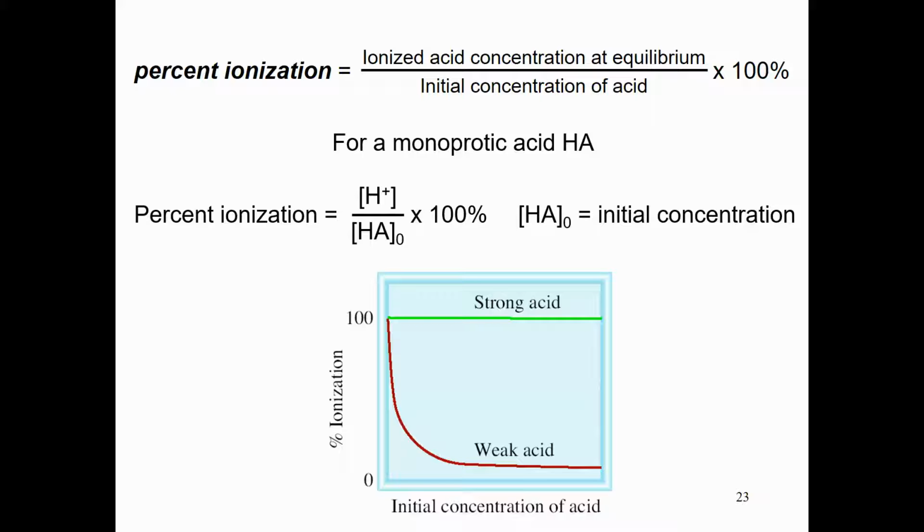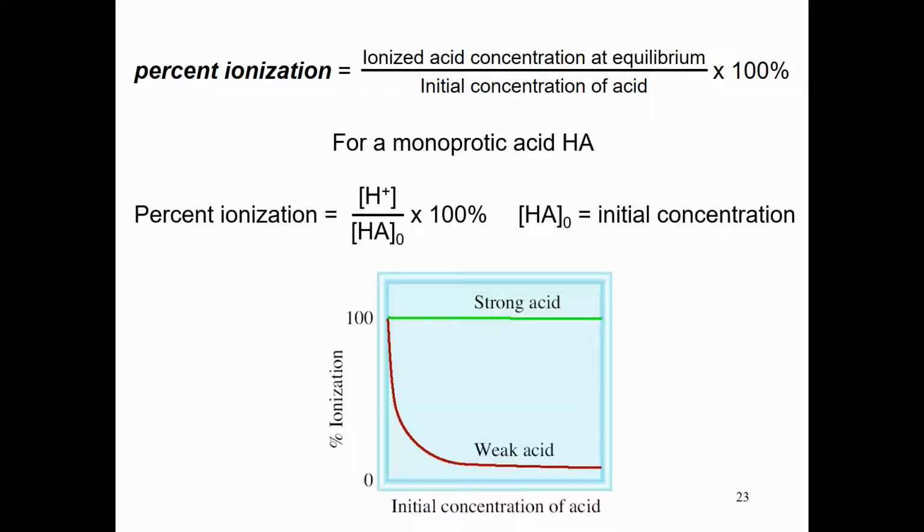So if you have something that is very, very dilute, its percent ionization will be very high. But as you make it more and more concentrated, that percent ionization decreases very quickly.